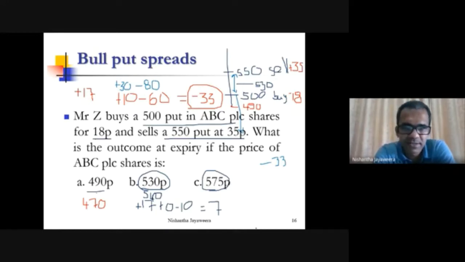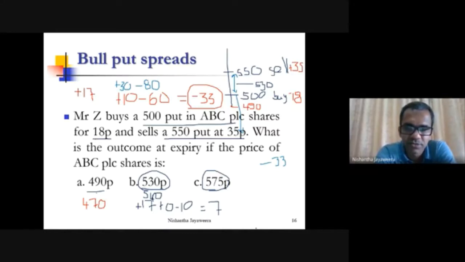Will he exercise his right? No. Why? Again, the market price is higher than the strike price. He won't sell at a lower price when he has the ability to sell at a higher price.